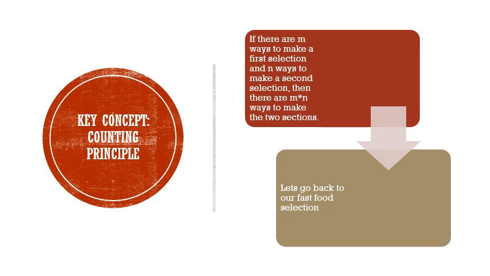So let's go back to that fast food choice. For your first trip, how many different choices did you have? You had In-N-Out, you had Cane's, and you had Chick-fil-A. So you had 3 choices. Then let's say you chose one restaurant already.